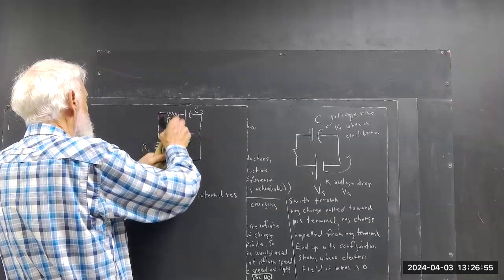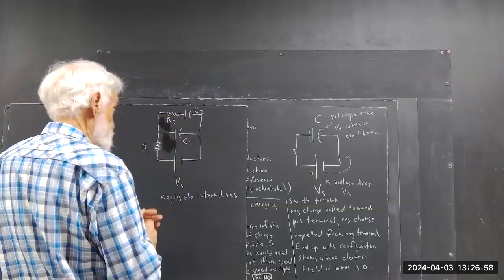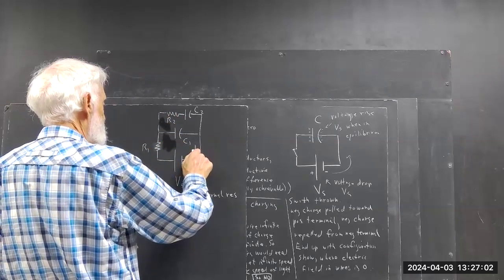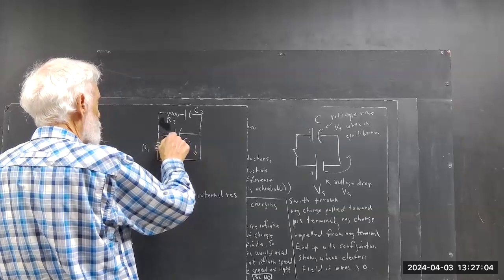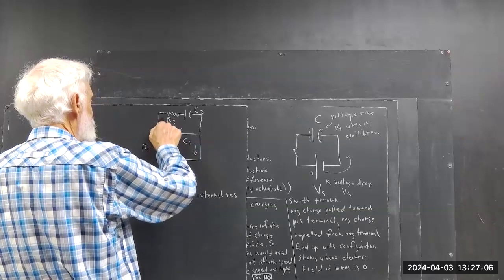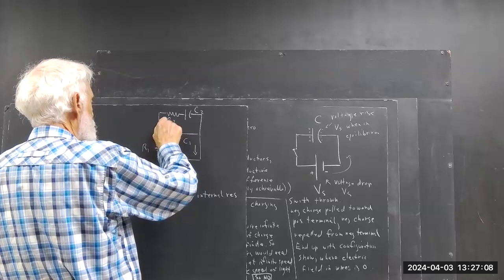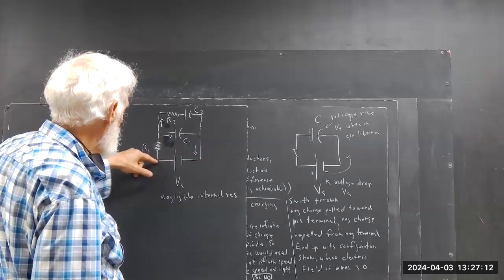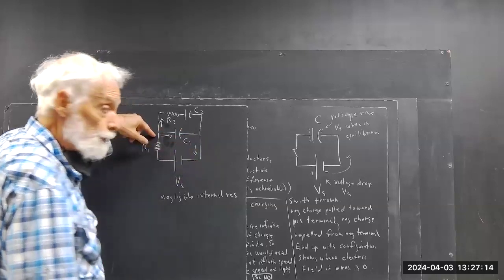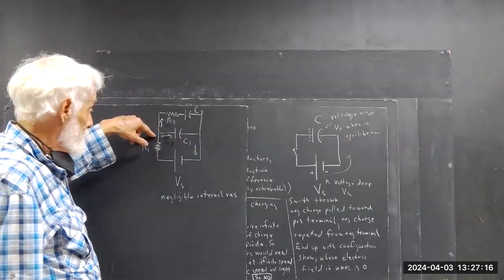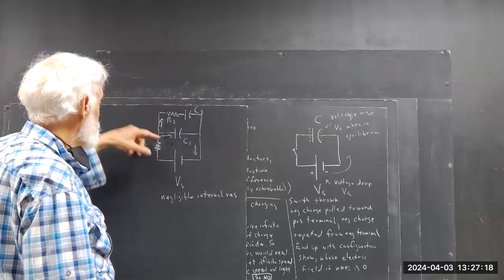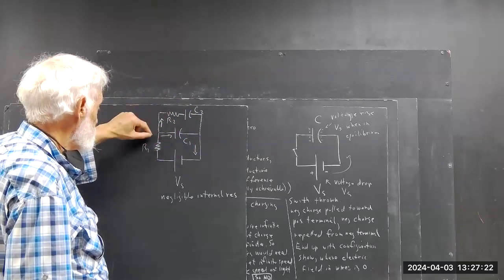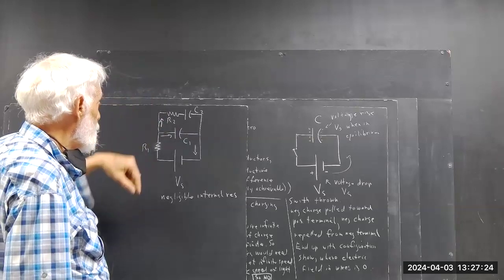You're going to have a current here, a current here, and a current here. There are three currents. The current here has to be the same all the way from here to here because there's no branching point. The current here is going to be pretty different than the current here.